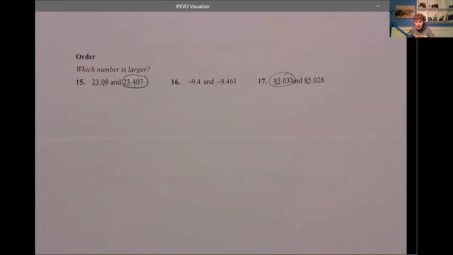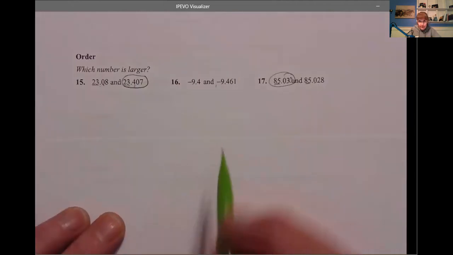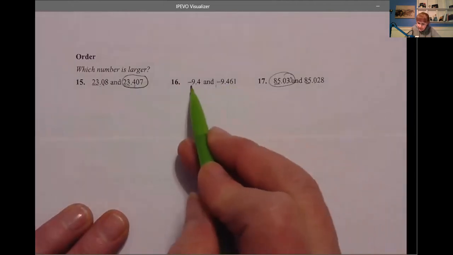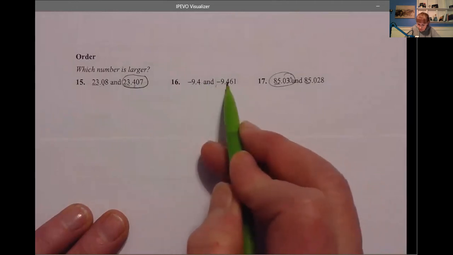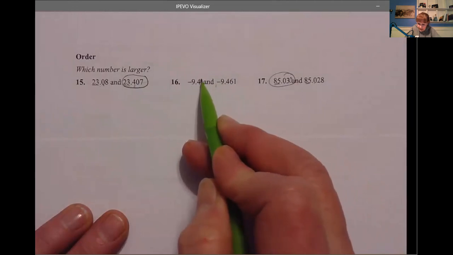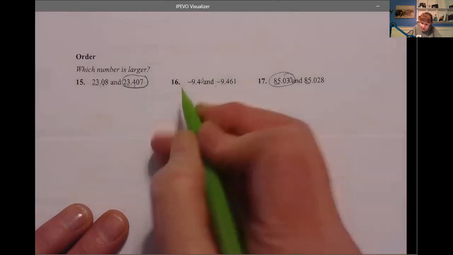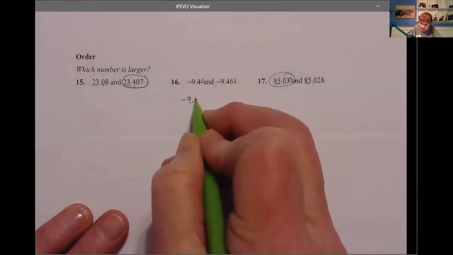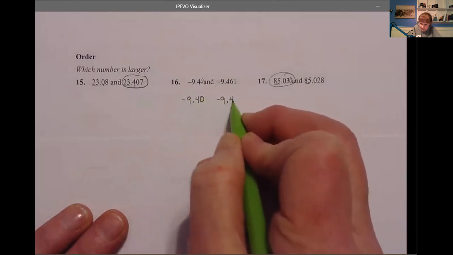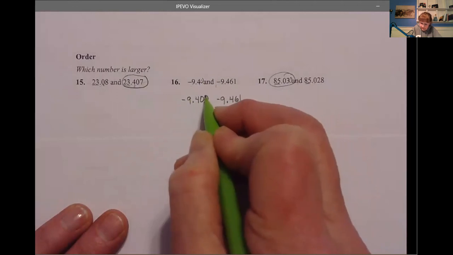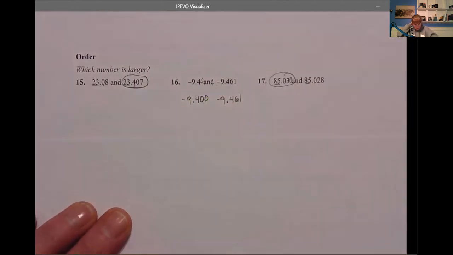All right. Okay, let's look at the negatives now. Here we have a -9, -9. We have 0.4, 0.4. This is a 0. So if you need to, for comparing purposes, you can put a 0. All right.